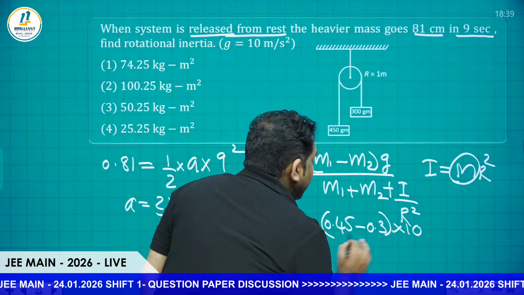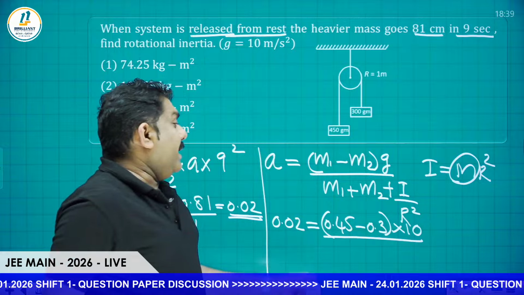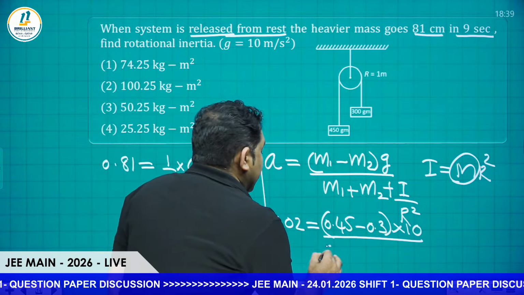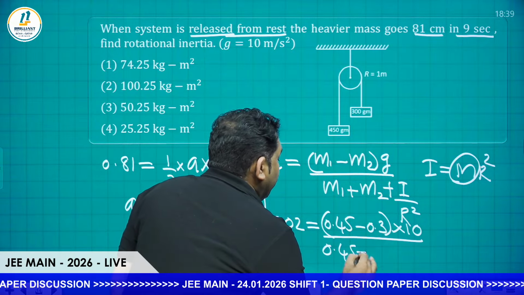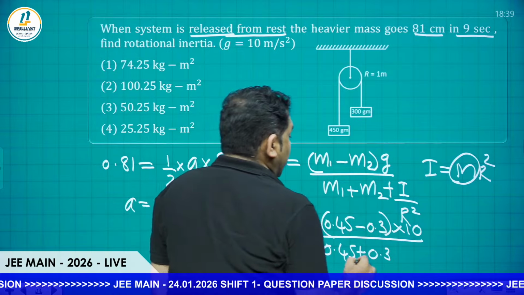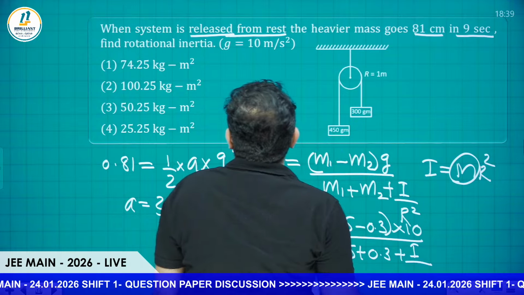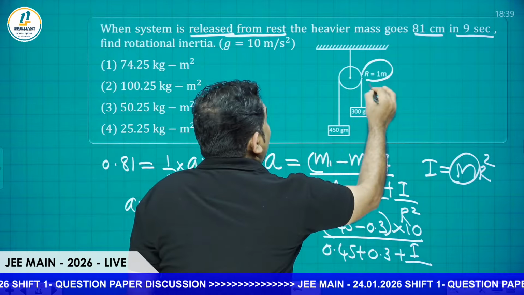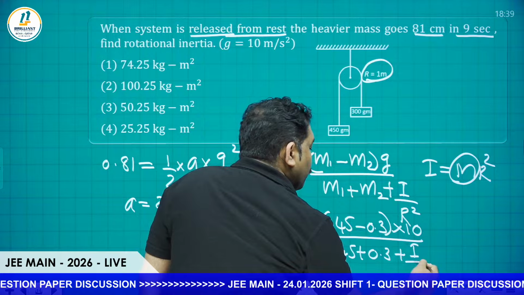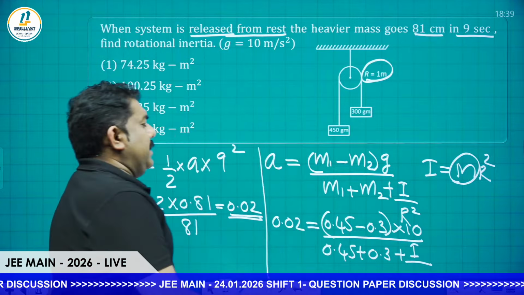G value is 10, divided by m1 plus m2, that is 0.45 plus 0.3 plus I by R square. R is given in the question as 1 meter, so 1 square means simply I only coming.